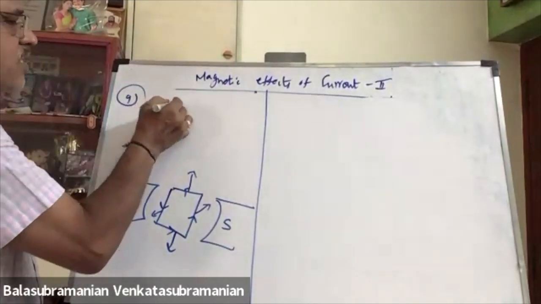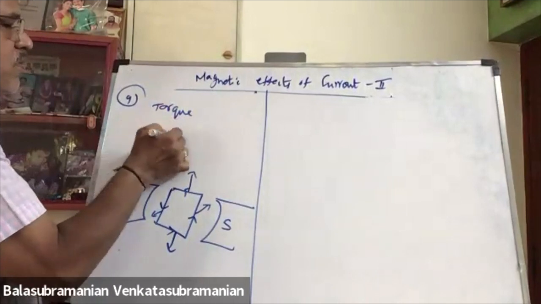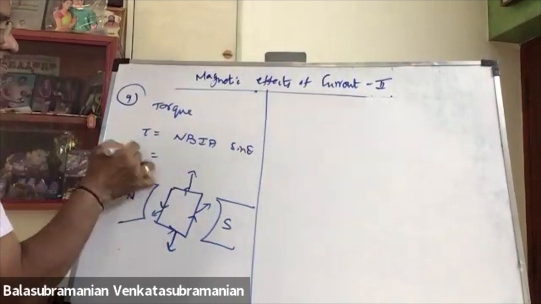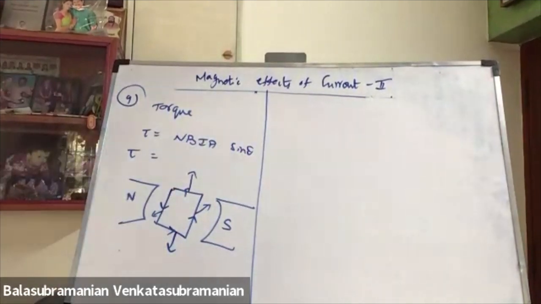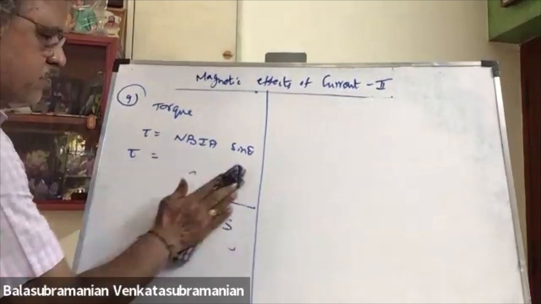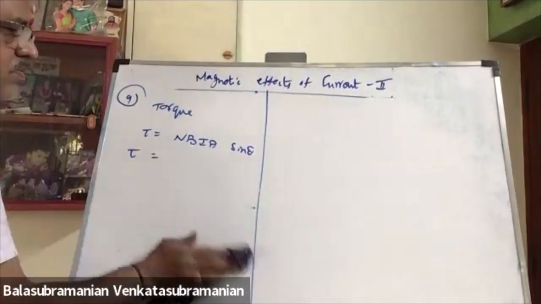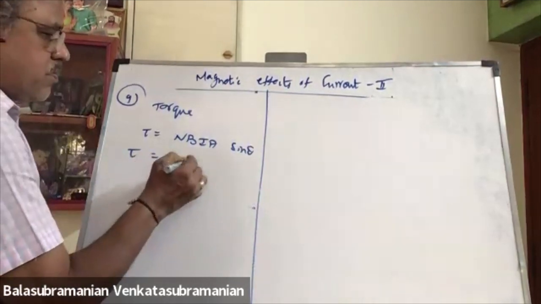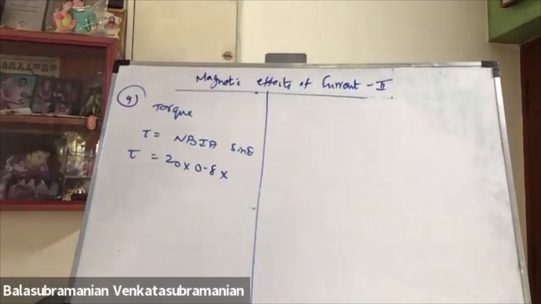So torque tau is equal to N B I A sin theta. Value of number of turns 20 turns. B value 0.8. Current passing through 12 ampere.